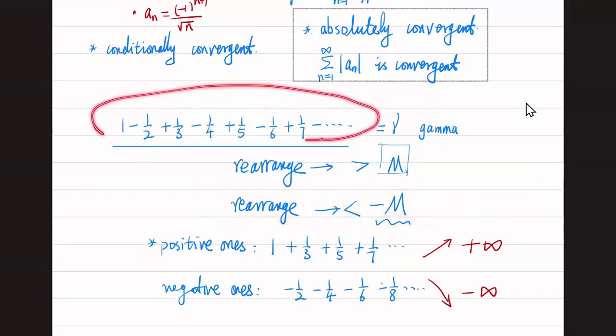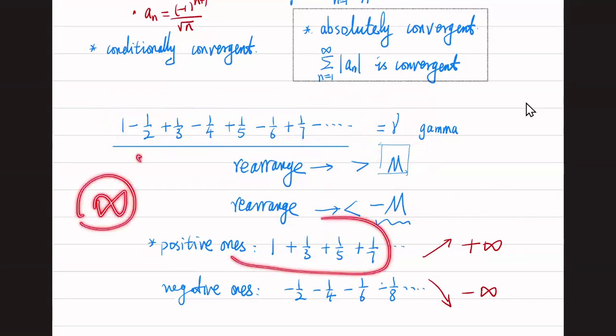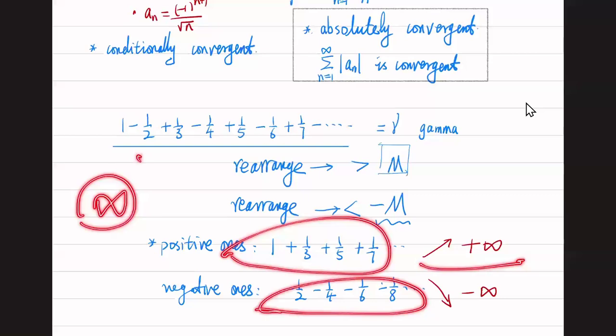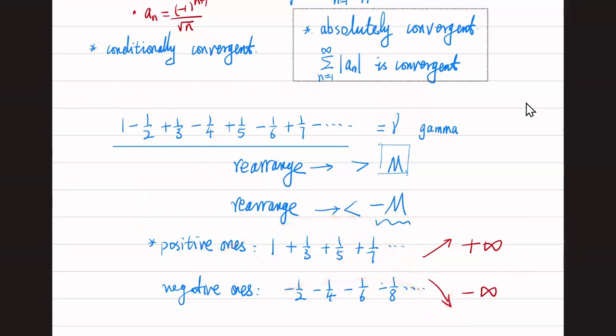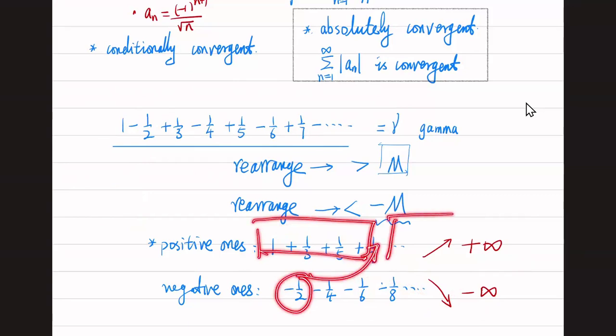How could we make it arbitrarily large? How could we make it arbitrarily small? This is the mathematics about infinity. Infinitely many terms adding to infinity. Infinitely many terms adding to negative infinity. Now, if we pick a large chunk of positive ones, then we go with a smaller, negative one. Then another long chunk of positive ones, then a smaller negative one. Another long chunk, smaller one.